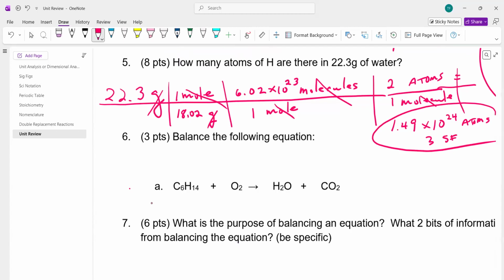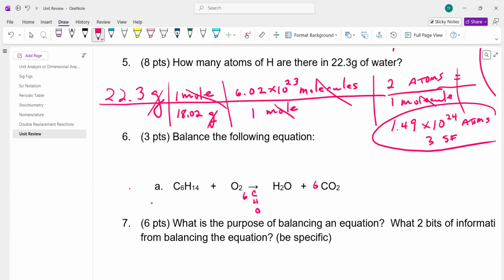Balance this equation. Okay, so we have hexane solvent, C6H14, and oxygen, and we're going to burn it. It produces water and CO2. Okay, so this is a CHO equation. And right away, we see we have 6 carbons here.